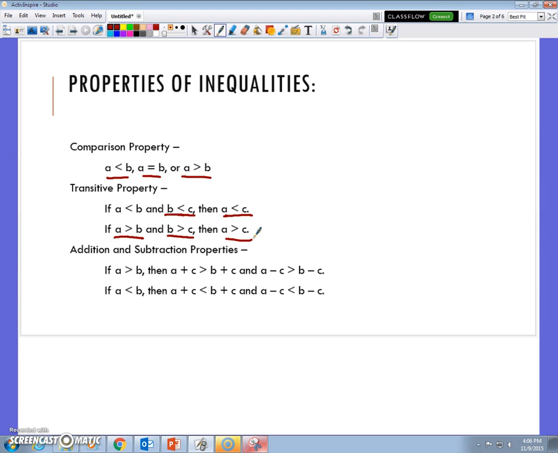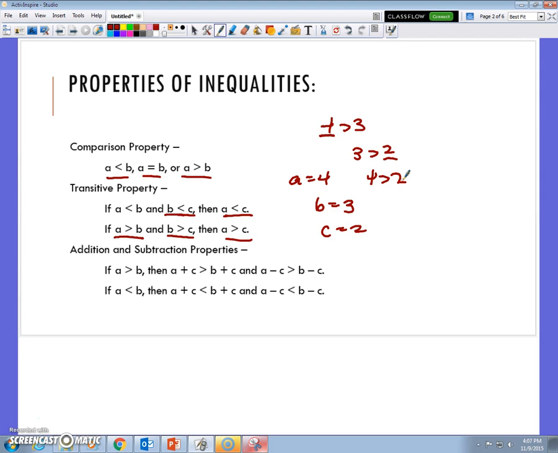For instance, if A equals 4, B equals 3, and C equals 2, because I know 4 is bigger than 3 and 3 is bigger than 2, I already know that 4 is bigger than 2 as well. So it's just the transitive property.